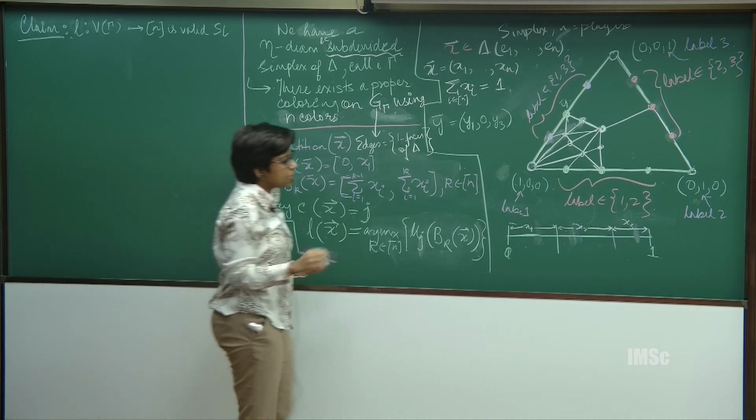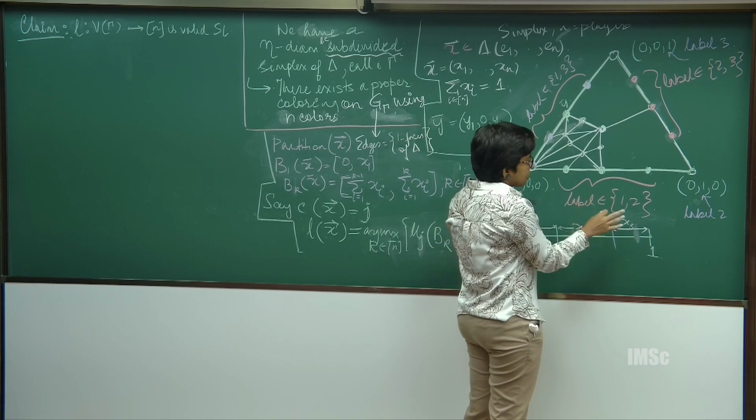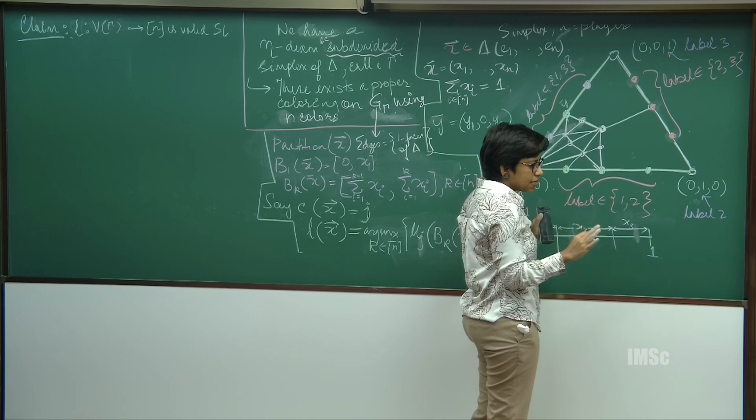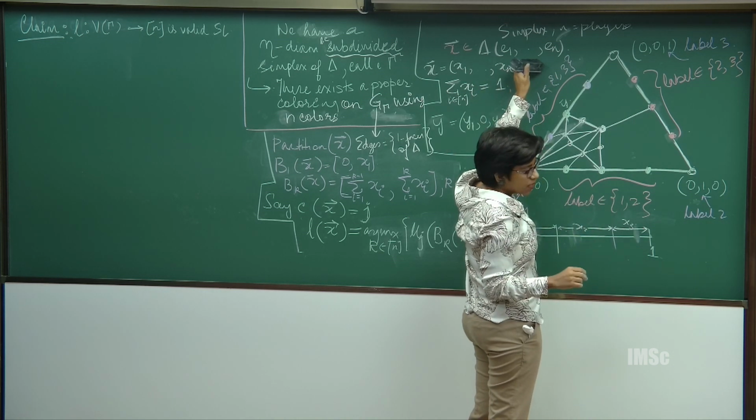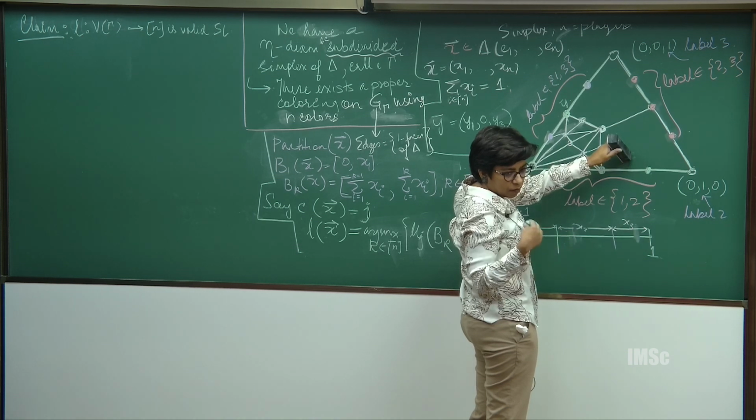You remember, a Sperner labeling was: you take a simplex, suppose it is an n simplex, then you would use n plus 1 colors. This is an n minus 1 simplex, so you are going to use n colors, 1 to n.